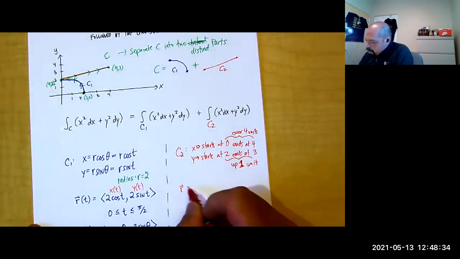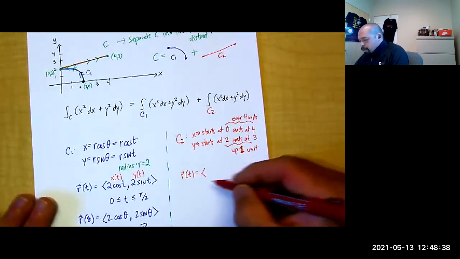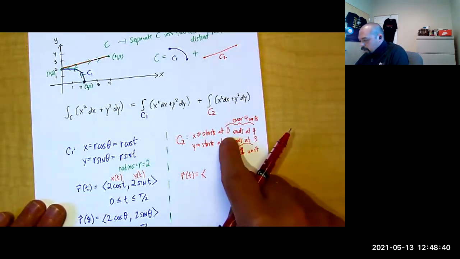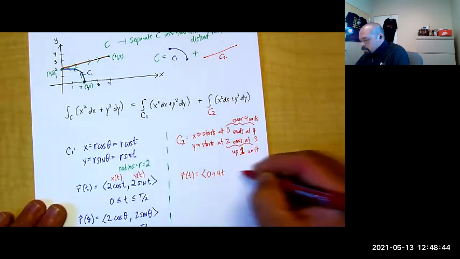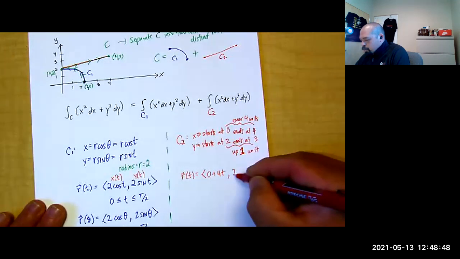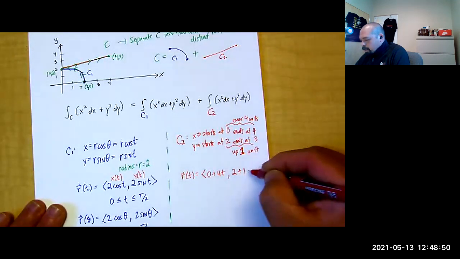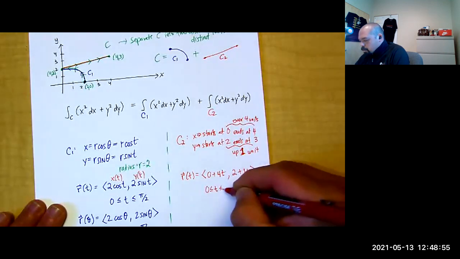So I'm going to kind of jump to it. Let me see if this makes sense for you. We're going to go starting at 0, 0 plus 4t, starting at 2, going up 1 t, for t between 0 and 1.